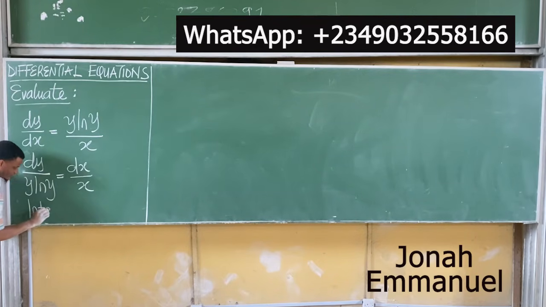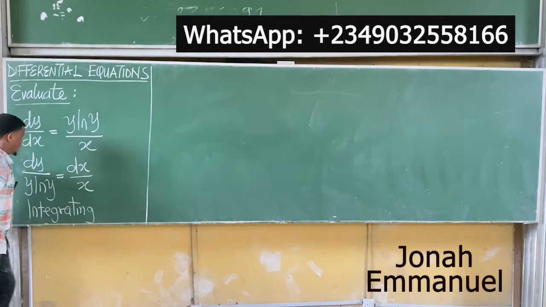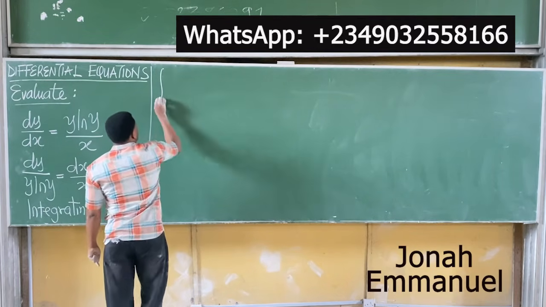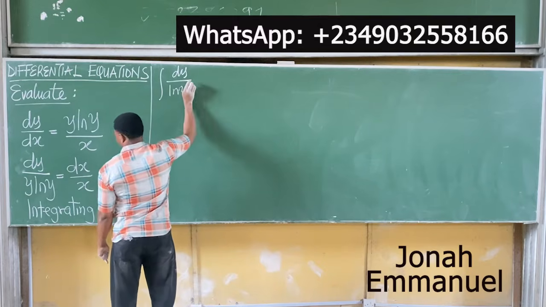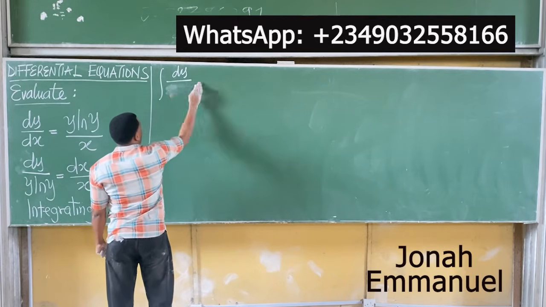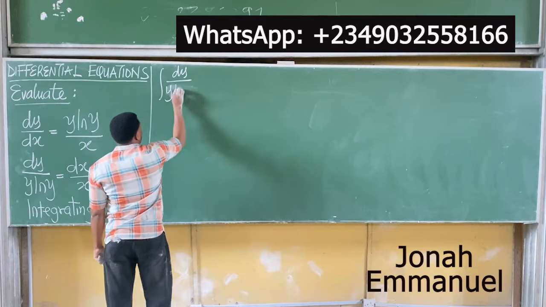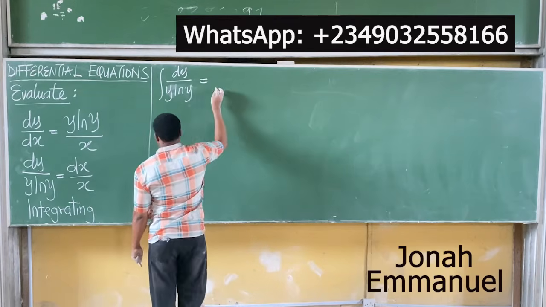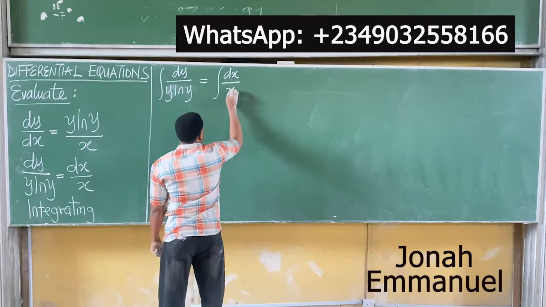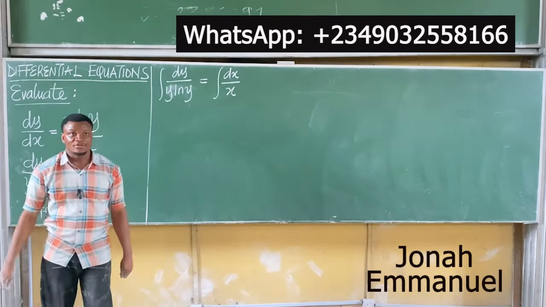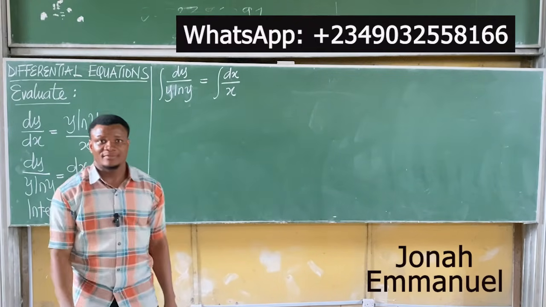Integrating. I'll have the integral of dy all over y ln y is equal to the integral of dx over x. Aha. So this is where you say we should stop. What next?